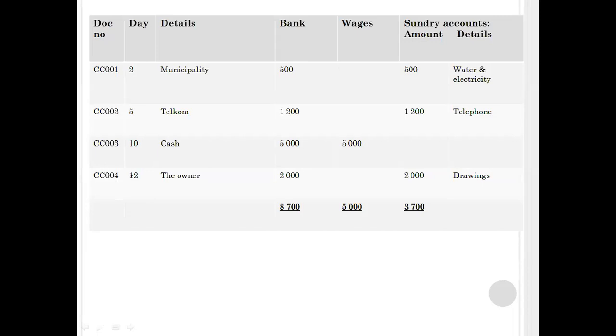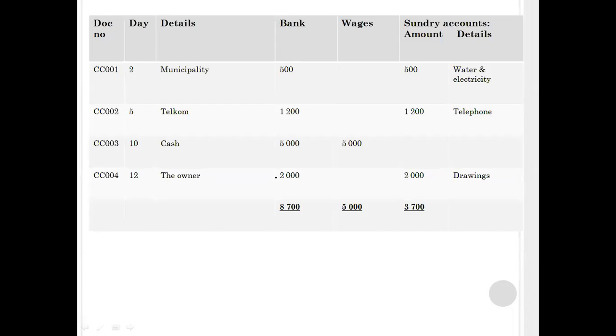There you've got it. On the 12th, it's the next CC number, check counterfoil 4004. The only details that we have there is the owner, because it's the owner that is taking the money. They didn't mention the name of the owner, so you can just write the owner with details.